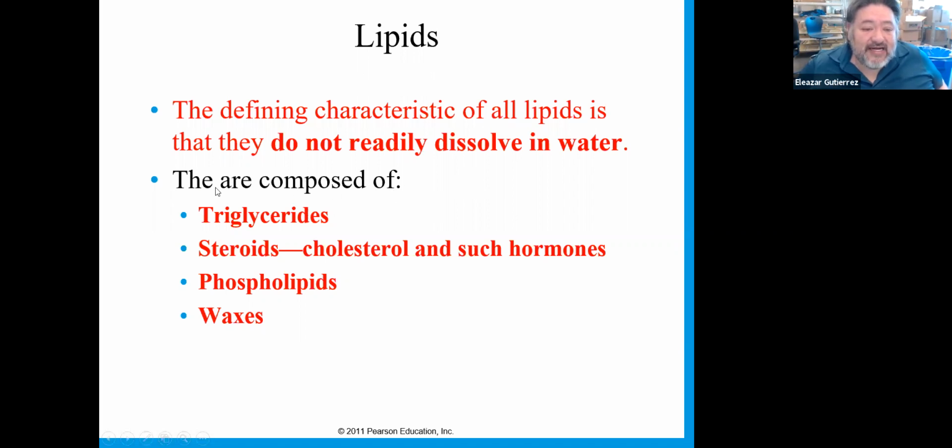Lipids consist of triglycerides, steroids, where steroids consist of cholesterol and hormones. Lipids also consist of phospholipids and waxes. So these are the four main categories of hydrophobic organic molecules that we care about.